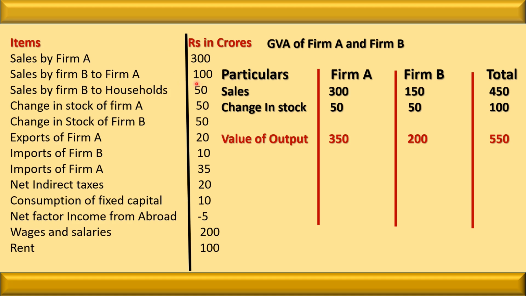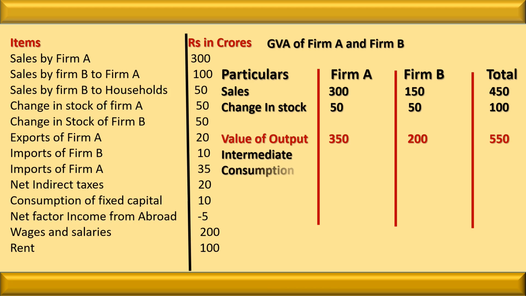Then firm B, sale is this plus 100 plus 50. 150 is written. Change in stock is 50, that we have written over here. The value of the output becomes 350. Here 200 and here becomes 550. Now we have to do what?